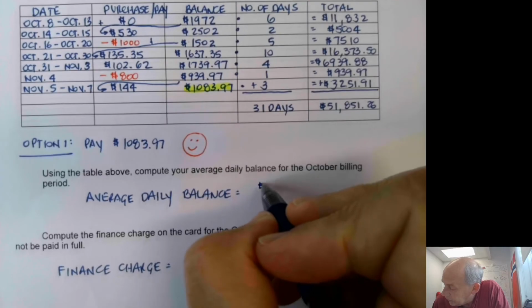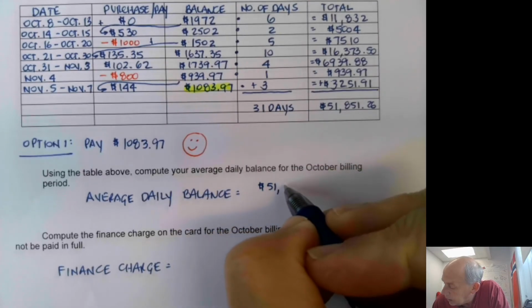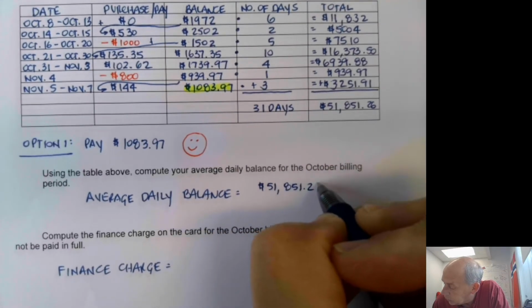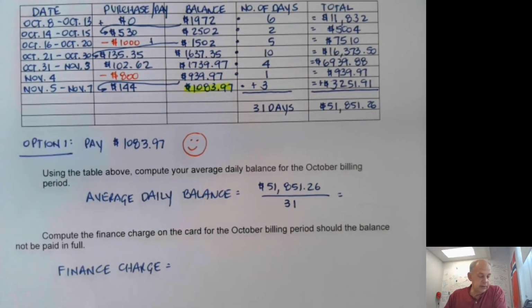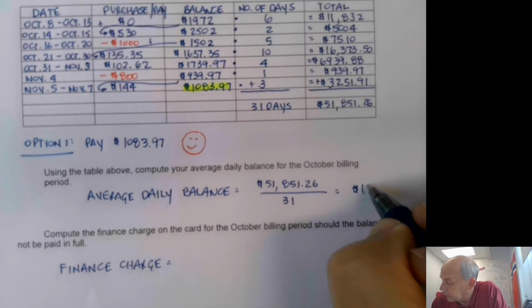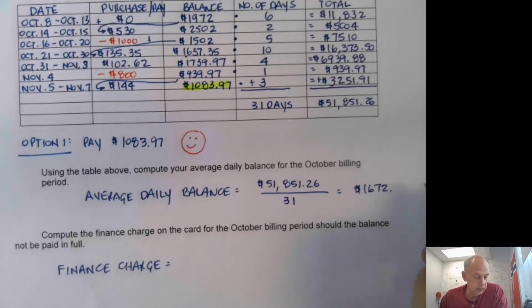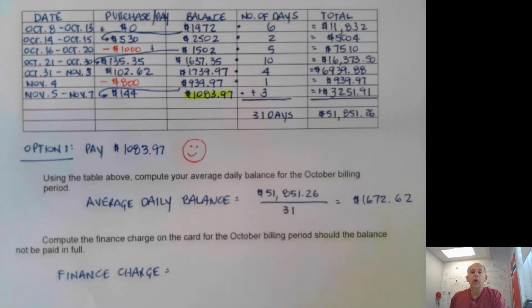So I have $51,851.26 divided by 31 days, and that would give me $1,672.62. That's how much I owe on the typical day.